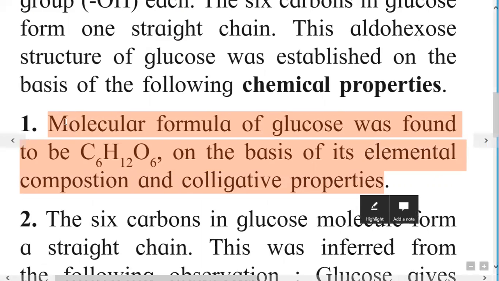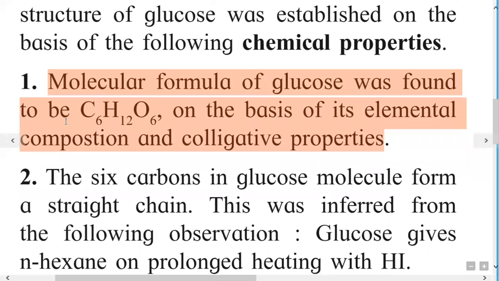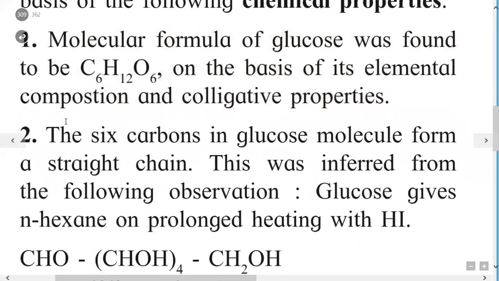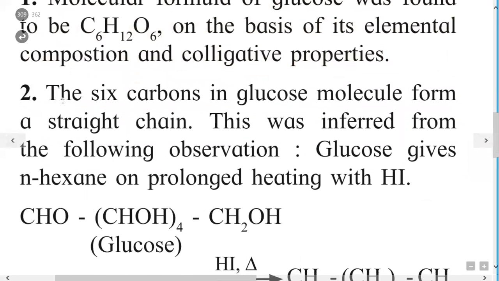In the chapter on solutions and colligative properties, we studied how to determine the molecular formula of different compounds. On the basis of colligative properties, the molecular formula of glucose observed is C6H12O6. So this is the first property that explains the molecular formula of glucose.